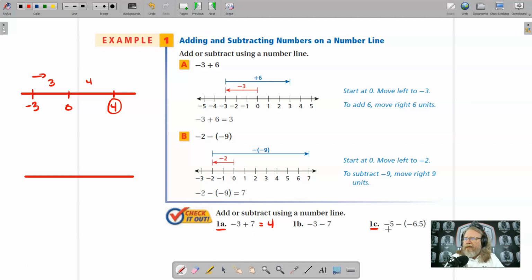On the next one, we're going to start with -5, and then we're going to subtract a -6.5. So let's start down here at -5, and we are subtracting a negative, which is the same as adding a positive. So we're going to actually move to the right on the number line, and we have to go 6.5 spaces.